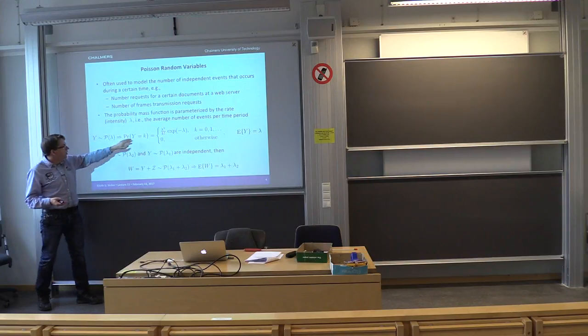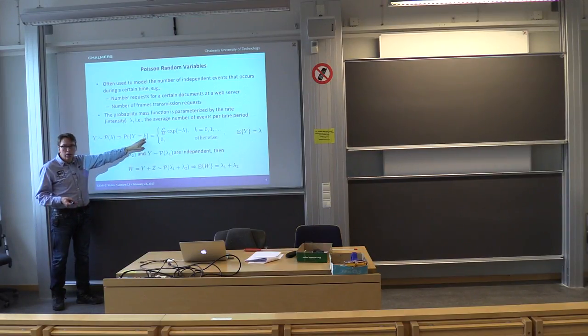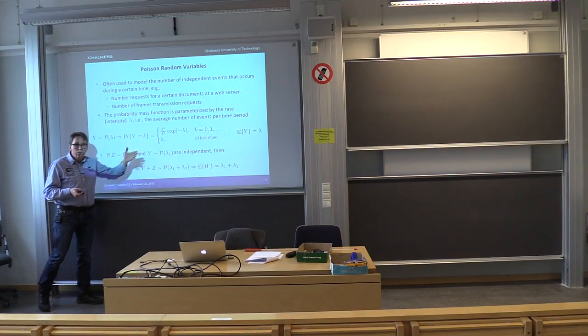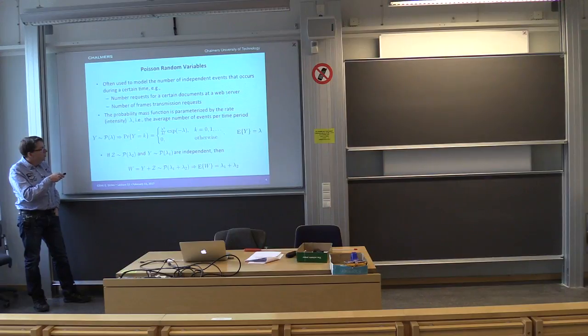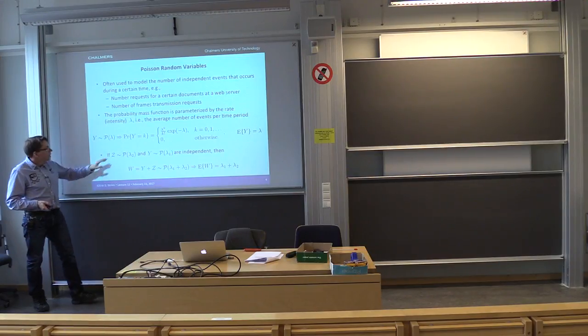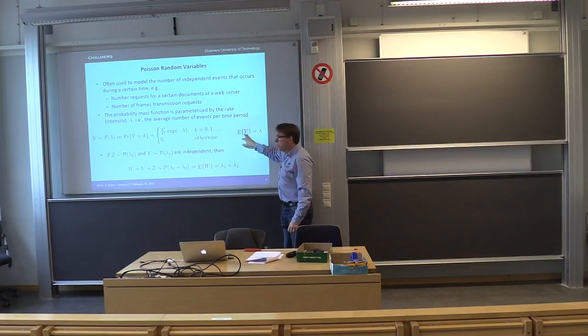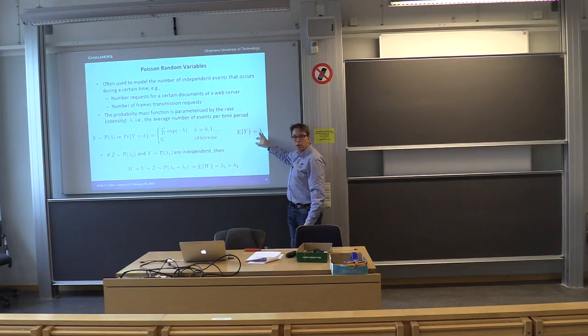So the probability that y is equal to k, that is that exactly k events happened during my time unit, follows this equation. It's characterized by this lambda, and the expected number of events during a time unit is lambda. That's why it's called the intensity.